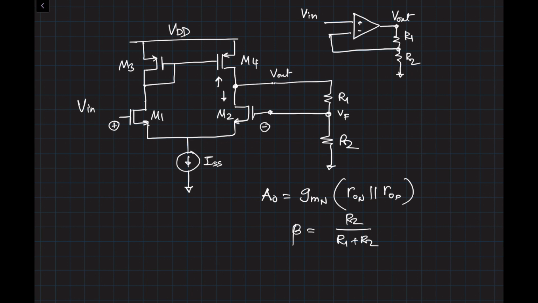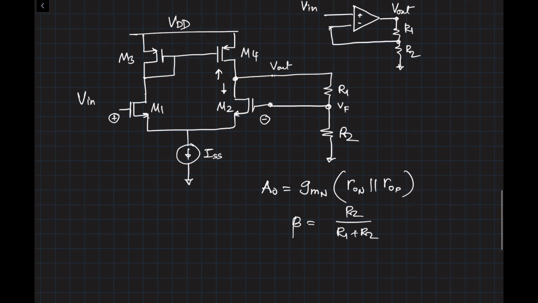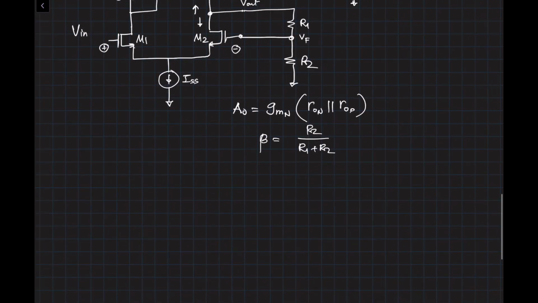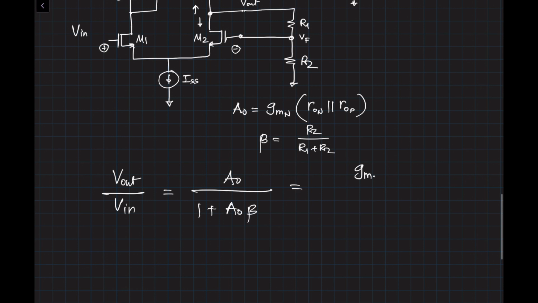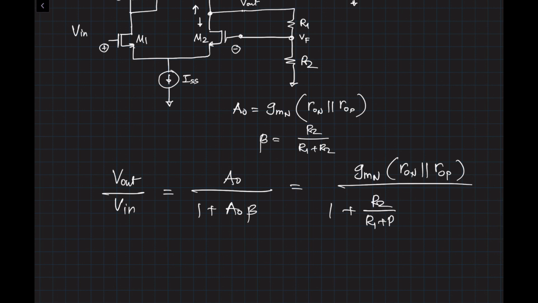Looking at this, you can tell that it's a voltage feedback. Our final expression for Vout divided by Vin will be A0 divided by 1 plus A0 beta, and that would be gmN times (RoN parallel RoP) divided by 1 plus R2 divided by R1 plus R2 times gmN times (RoN parallel RoP).